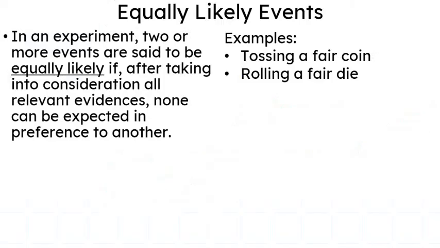Now, most of our experiments will be assumed to be equally likely. In an experiment, two or more events are said to be equally likely if, after taking into consideration all relevant evidence, none can be expected in preference to another. For example, when we toss a regular or fair coin, its outcomes would be just either a head or a tail.